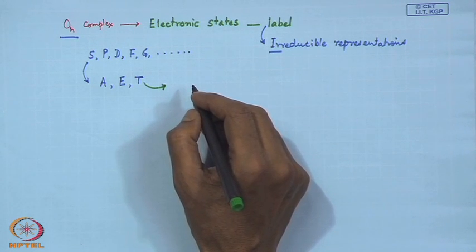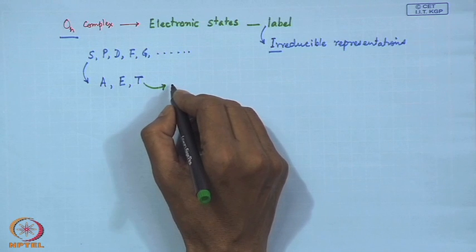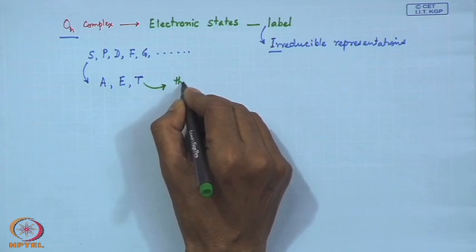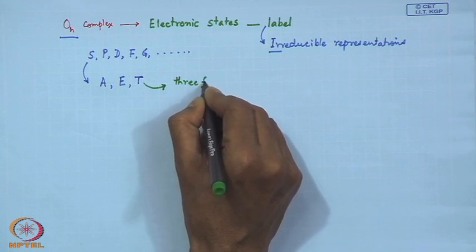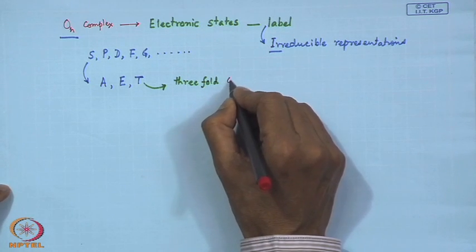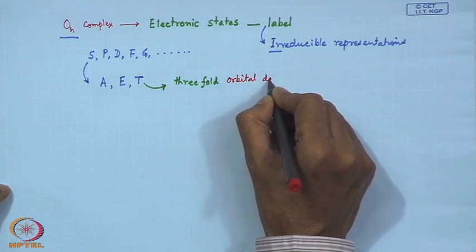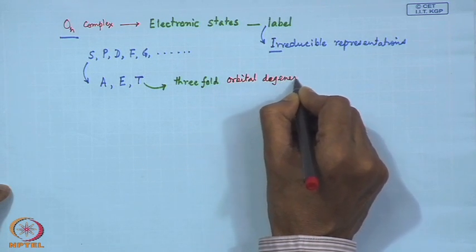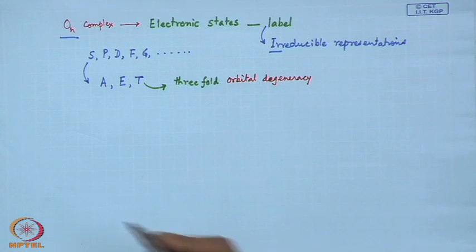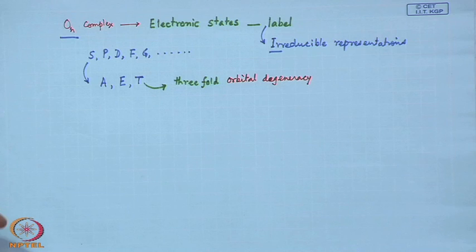We cannot have any state which is higher than the threefold orbital degeneracy. That is basically the limit for the orbital degeneracy.